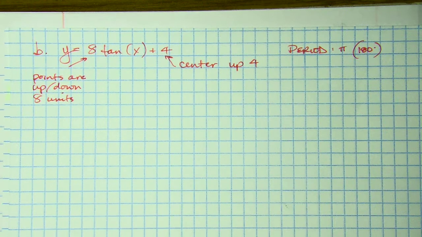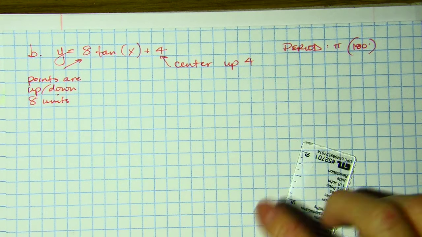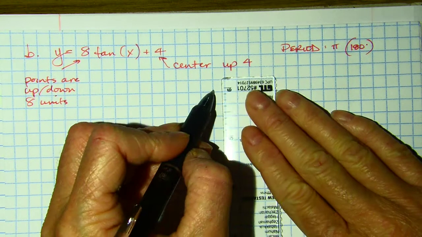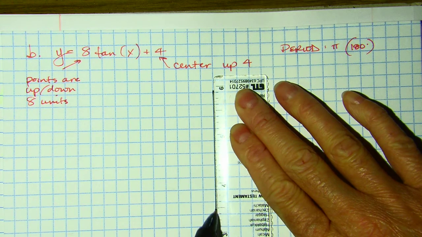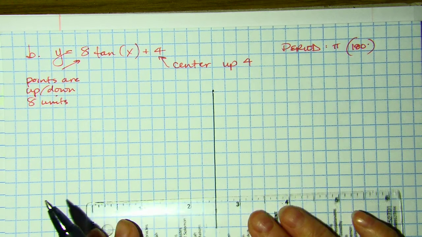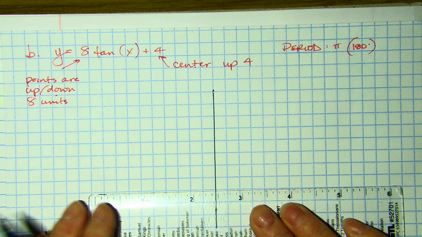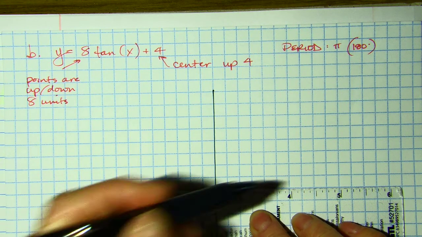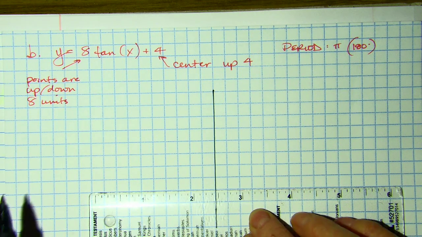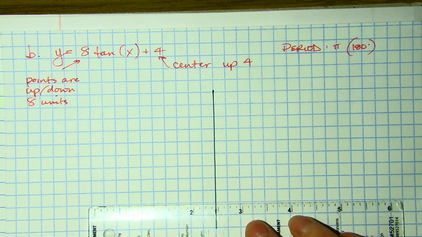Now notice I said my period is pi, but when I graph it, I space it out pi over 2 on each side, right? Because 1/2 plus 1/2 is 1 whole. So this graph is being shifted up 4 and then up to 8. So let's see here. I should probably move this down.